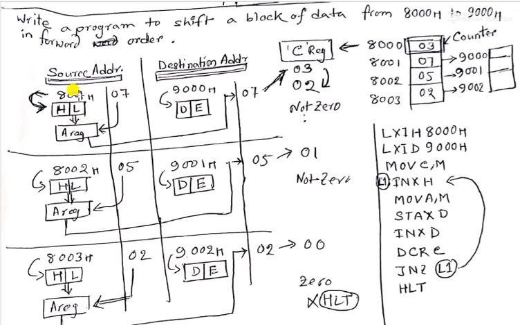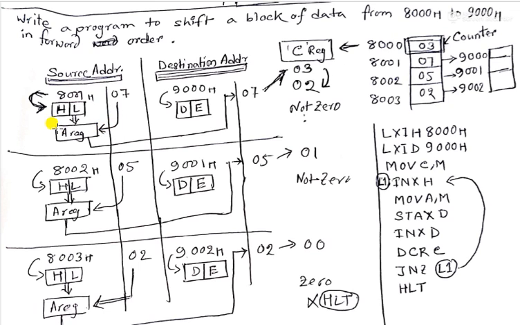So the content of the HL pair, this address that is 8001, whose content is 07, is moved to the accumulator.